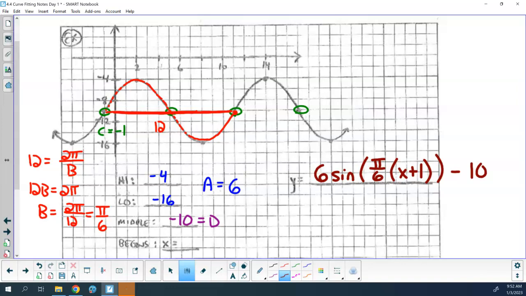With me? Now, here's where the crazy things happen. That's not the only sine equation for this same graph. We could start here. We could change this number right here to be negative 11. Then I would be starting right there, and I would go that way.